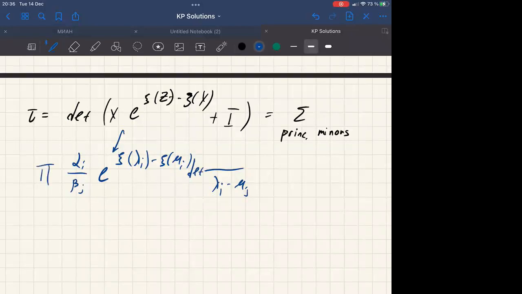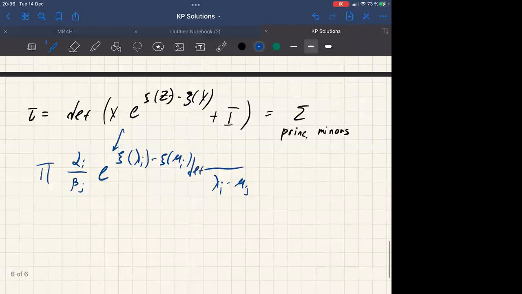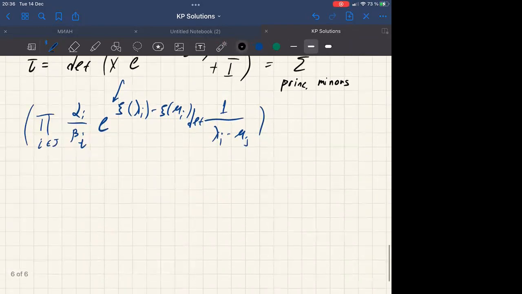Here we have a product of these, and these are just Cauchy matrices, and we could use the formula for the Cauchy matrix determinant and obtain the following result.